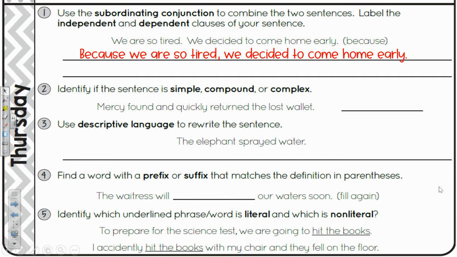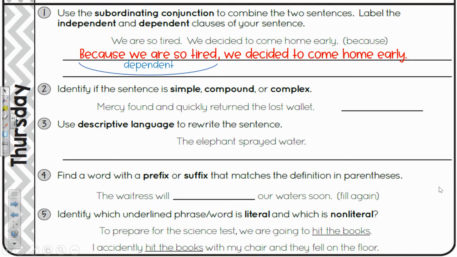The first clause there is because we are so tired. Does that sound like it could stand by itself as a complete sentence? Because we are so tired. No, that is not a complete sentence. Therefore, we are going to label that as a dependent clause. It cannot stand alone.